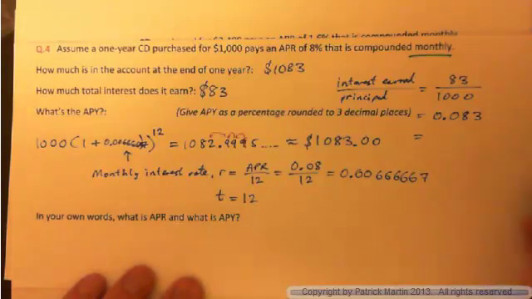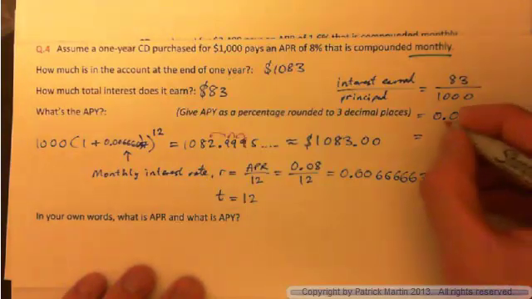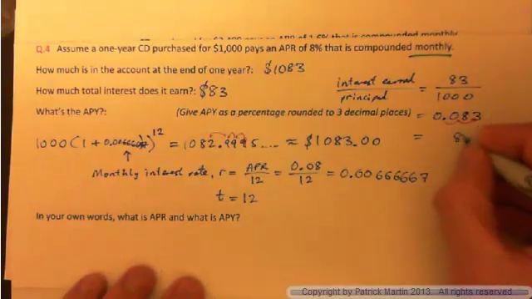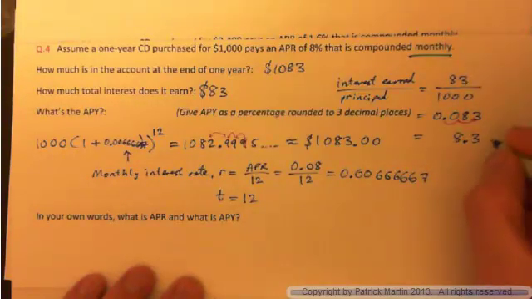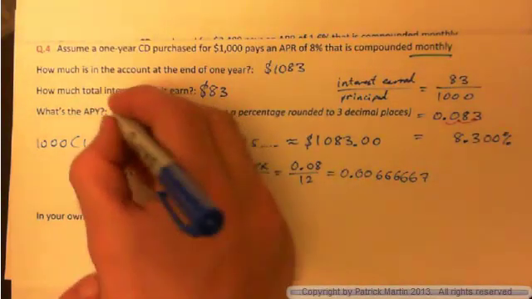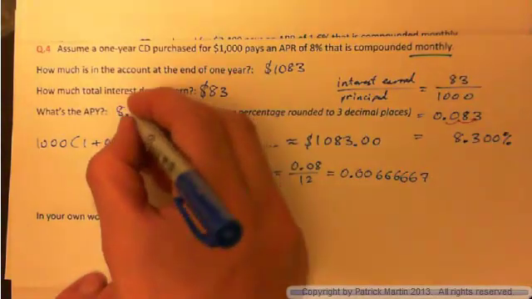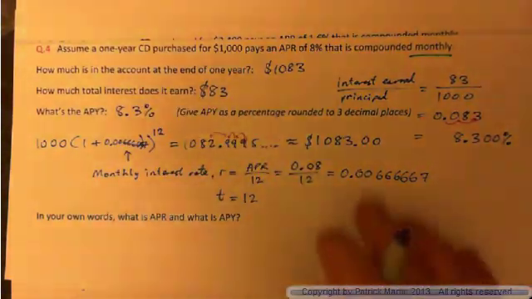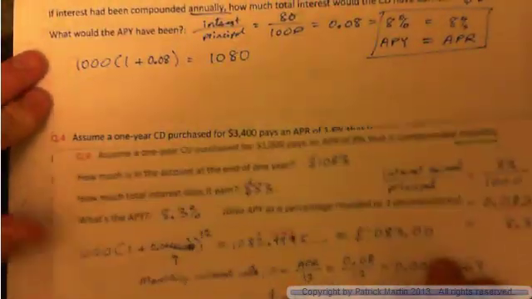which is, as a percentage, turn that into a percent. Move the decimal point 2 spaces to the right, and that's 8.3%, or to 3 decimal places, you could say 8.300%. So the APY is 8.300% or 8.3%, same thing. And let's compare that to what we got earlier with interest compounded quarterly.